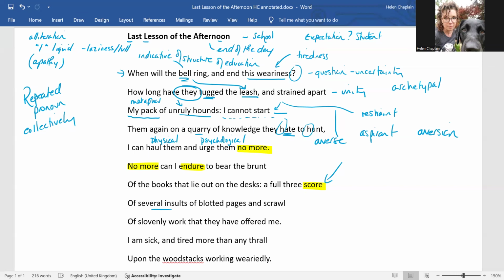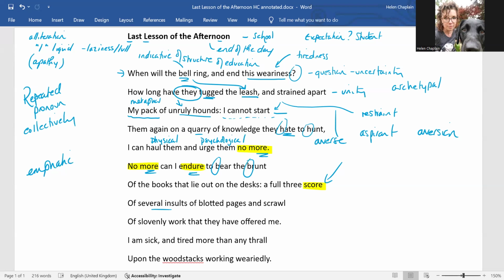That repetition is really repeating the negative. He's really finished with this, he's had enough. The end rhyme and then the internal rhyme here is really emphatic, the idea that he cannot do this. It's marking it out, as is this plosive alliteration here.